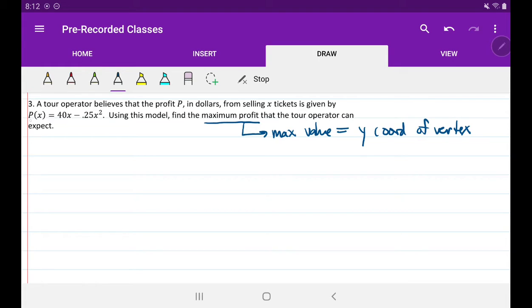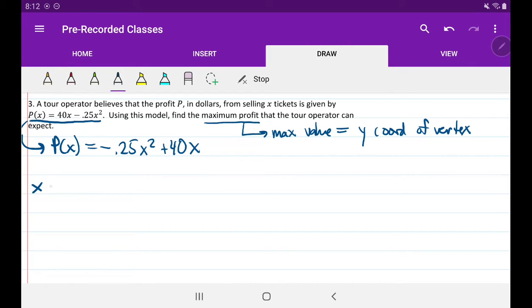Now, we've got this function here. If you notice, it's not in standard form, right? Your x squared term is at the end. So let's rewrite this. I'm just going to flip the order of it, so my x squared term is first. So I'll have negative 0.25x squared plus 40x.